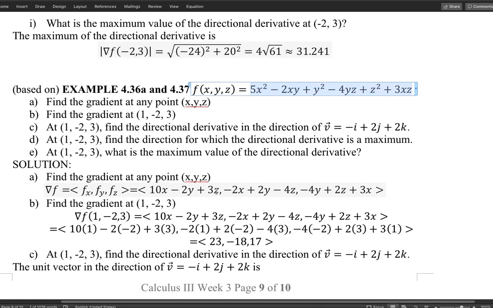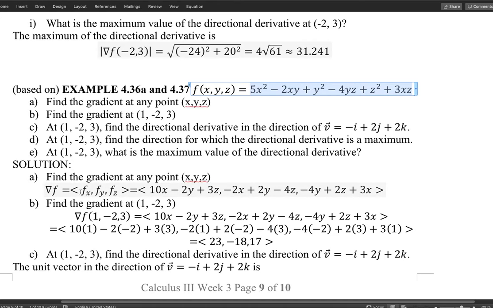That's the partial derivative with respect to x. Partial derivative with respect to y, this goes to 0. This is negative 2x. Then plus 2y minus 4z. These are zeros, the derivative of a constant. Okay, so that's the partial derivative with respect to y. Then similarly, the partial derivative with respect to z. This is 0, 0, 0, minus 4y plus 2z plus 3x.